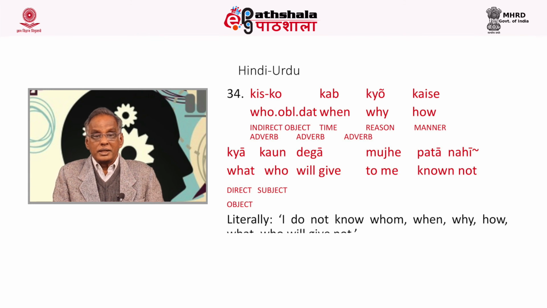So the correct idiomatic translation of the sentence is, I do not know who will give what to whom, when and why and how. You cannot say in Hindi, I do not know whom will give what, who, etc.